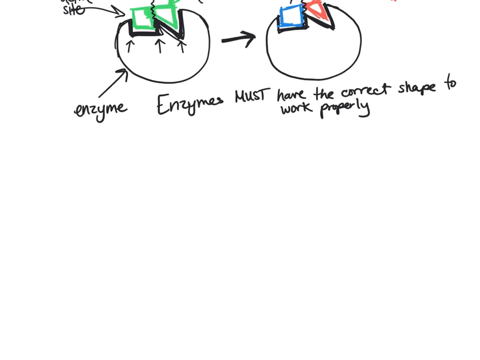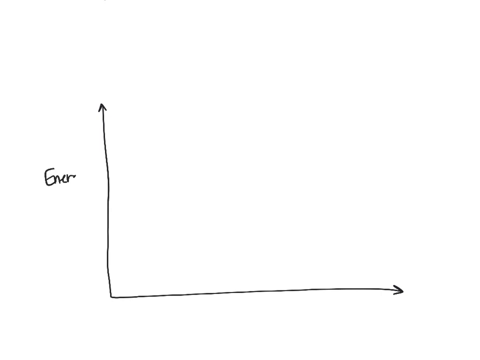So how does the enzyme speed up the reaction? Let's take a quick look at what it does, because this is important to understand. We're going to look at a graph here. On this side over here, this is energy, and down here is our reaction. When we look at a reaction, we have something called activation energy, or energy of activation.